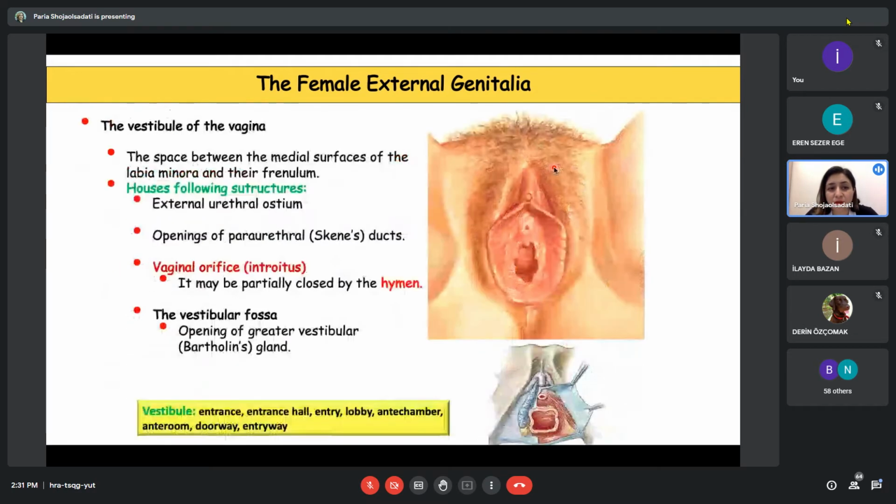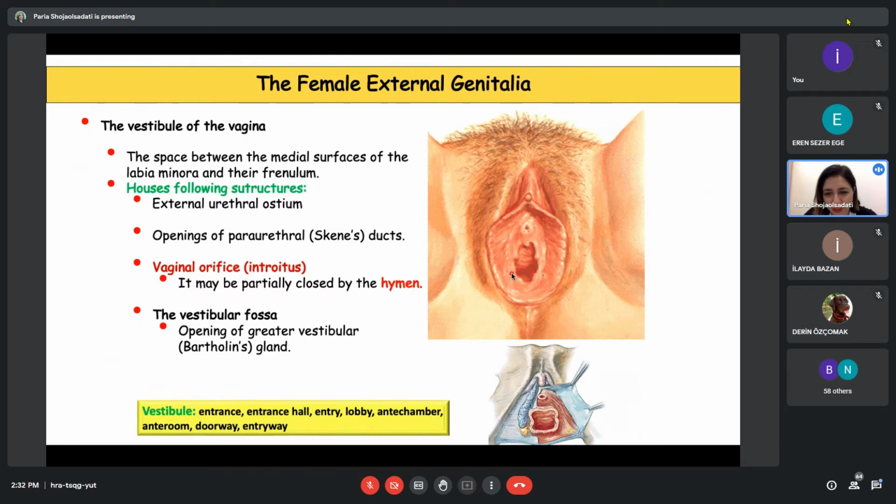The vestibule of the vagina is a specific space, as I mentioned before. It contains the external urethral ostium, the openings of the paraurethral ducts, the ducts of the paraurethral or Skene's gland, and the vaginal orifice, which may be partially closed by a special structure named the hymen.